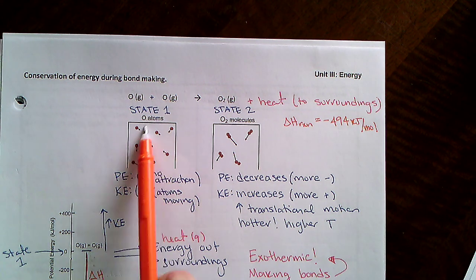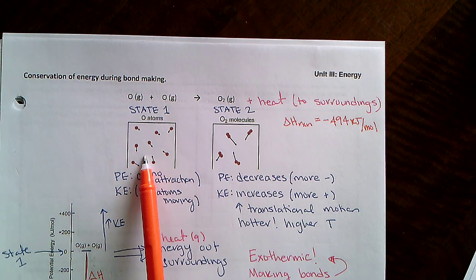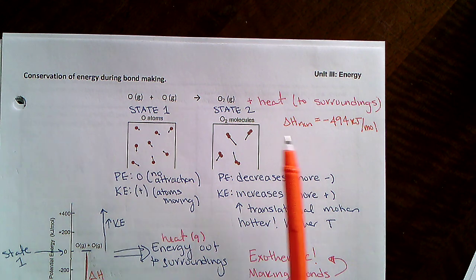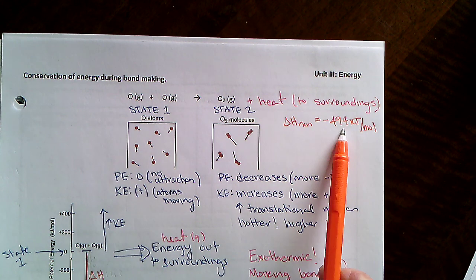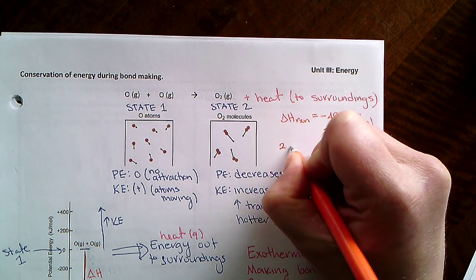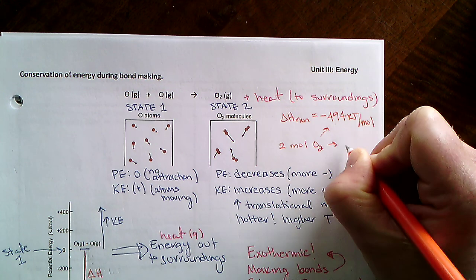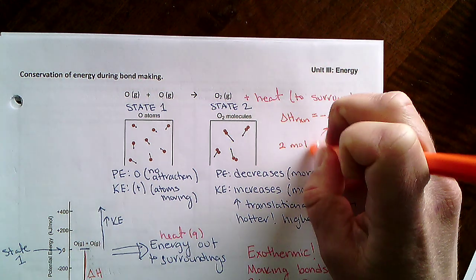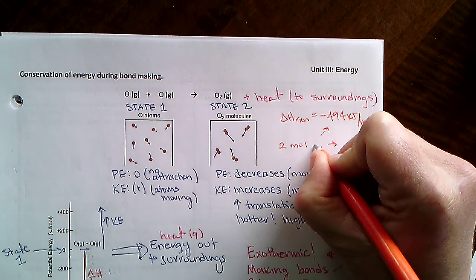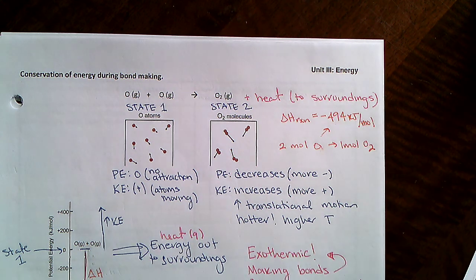If I increase my number of moles, let's say that I actually have 4 moles represented in here, then I would times this by 2. So this is for 2 moles of O making 1 mole of O2.